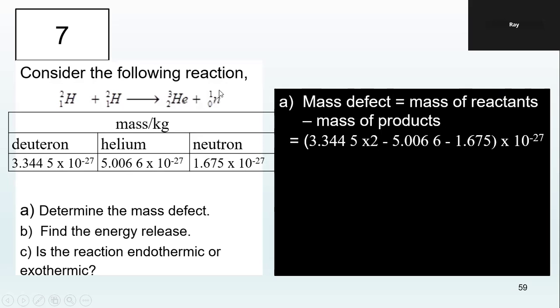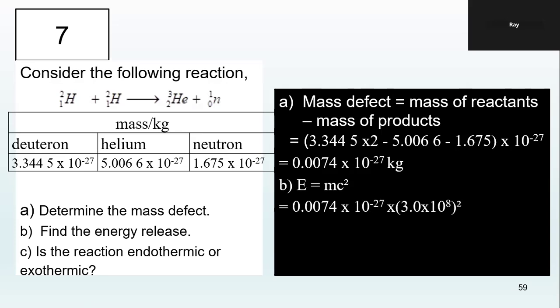There's a neutron, one neutron. Times two. Then binding energy per nucleon, E equals mc squared. That gives 6.66 times 10 to the power minus 14 joule.